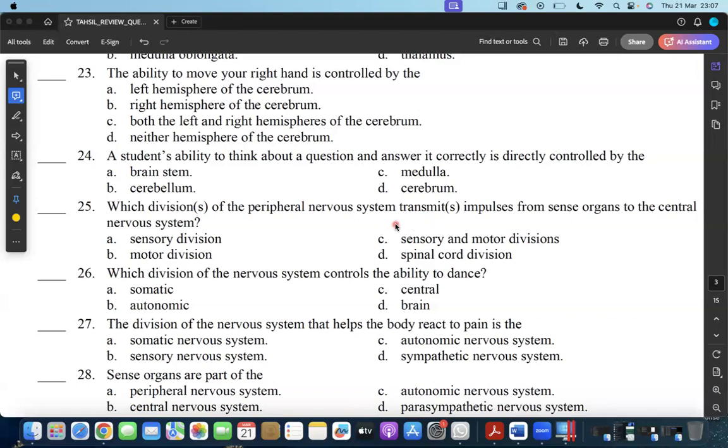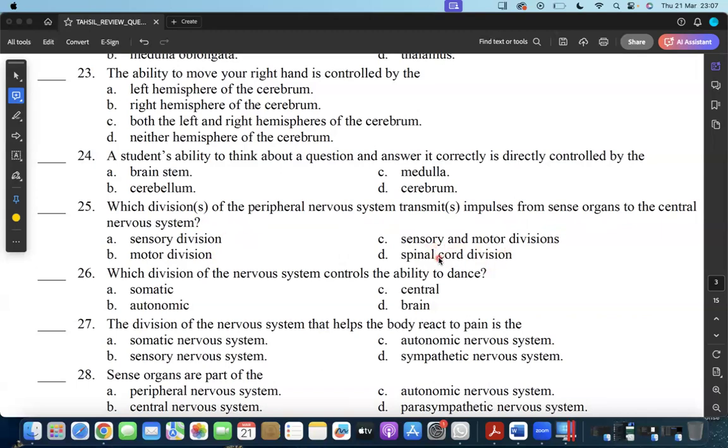The central nervous system consists of the brain and the spinal cord, and the peripheral consists of the other parts of the nervous system that have to do with the limbs and other parts of the body. This nervous system transmits impulses from the sense organs to the central nervous system. Which part of the peripheral nervous system does this? We said the sensory and motor division.